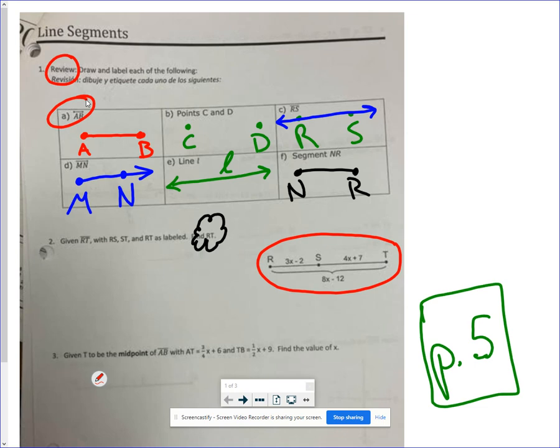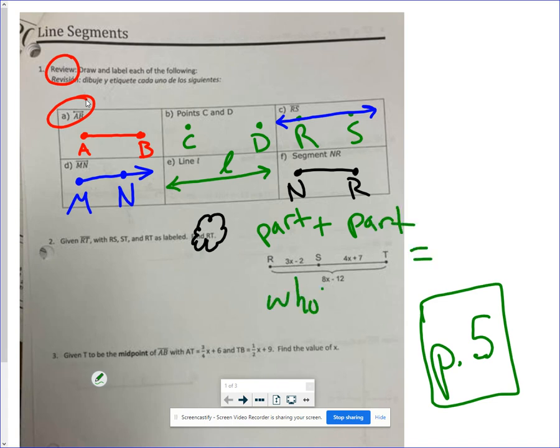So first we need an equation. The equation in this case you can get by saying part plus part equals whole. So we're going to add these 2 parts here, and that's going to make our whole.